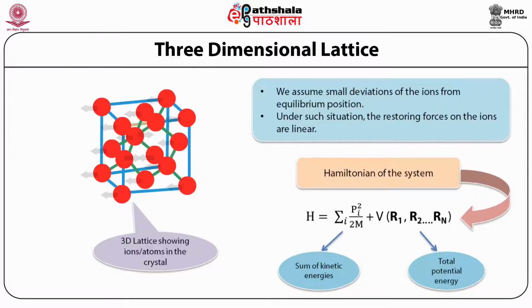As we discussed for the 3-dimensional lattice, we will assume small deviations of the ions from the equilibrium position. You have to understand that the ions are in very stable positions, and the lattice vibrations originate from the movement of the ions around the equilibrium position.